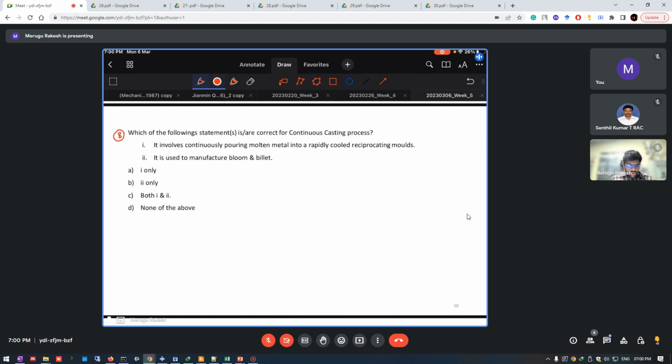First, it involves continuously pouring metal into rapidly cooled reciprocating molds. But still we are using a sort of stationary copper mold here. Okay, we will see that. Then it is used for manufacturing blooms and billets. Yeah, that is the correct statement. Generally, this copper mold is... Give me a minute. I think the first statement looks correct.